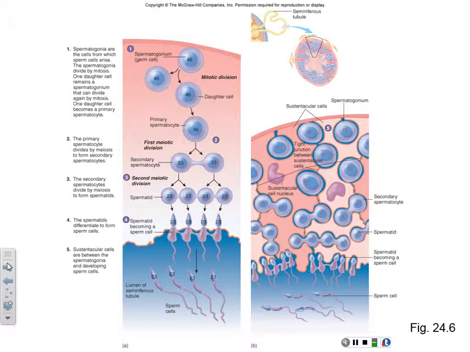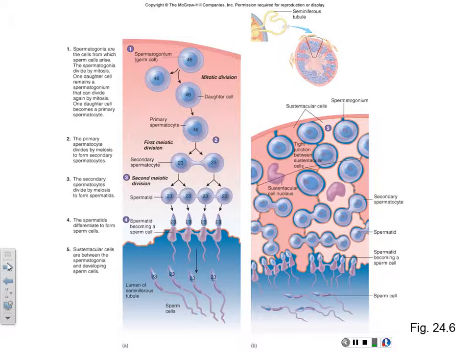You see that we form two of them. Then each one divides again, via meiosis 2, which is simply a multiplication division, multiplying what you had in the first place, a haploid cell. And then you form a spermatid.